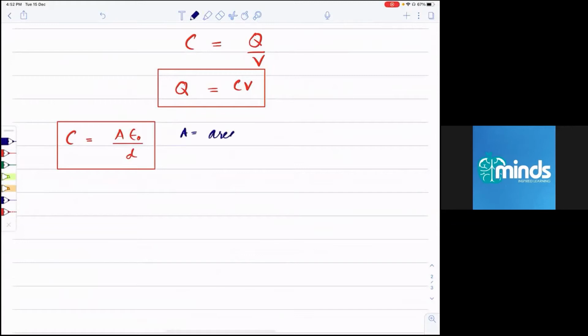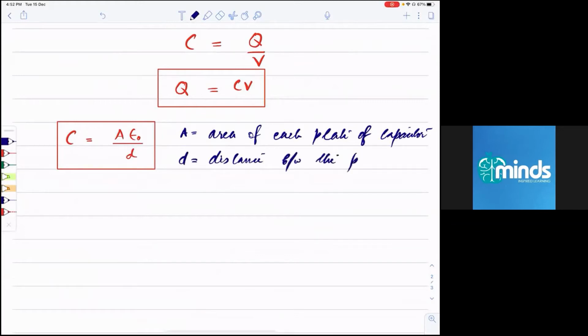A is the area of each plate of the capacitor, and D is the distance between the plates of the capacitor.